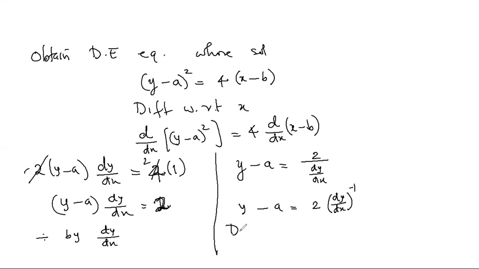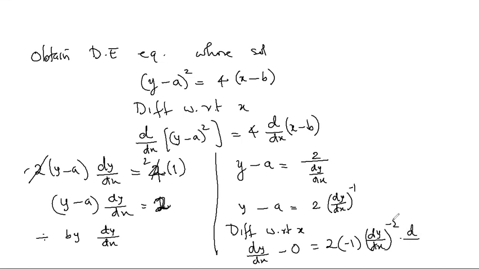Now differentiate this. What will be the left hand side? What is the derivative of y? dy by dx. Derivative of a is 0. Derivative of dy by dx raised to minus 1, power rule, what will be the answer? Minus 1 into dy by dx raised to minus 2 into the derivative of dy by dx.